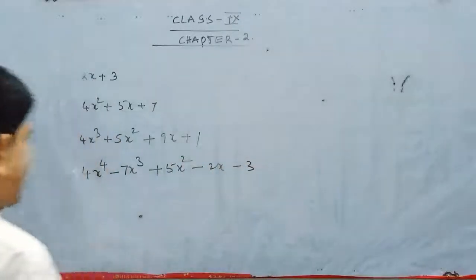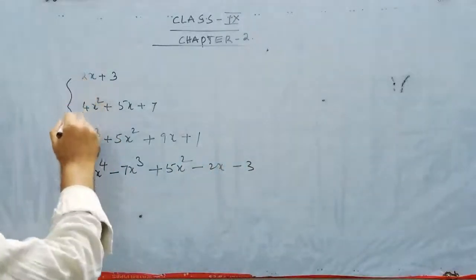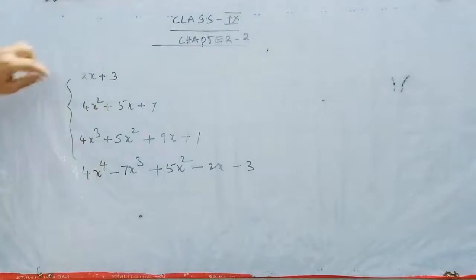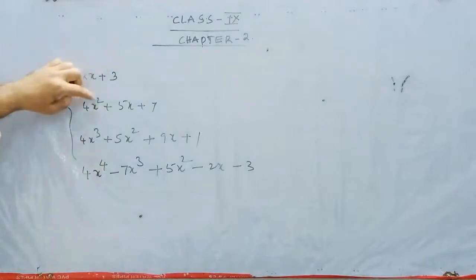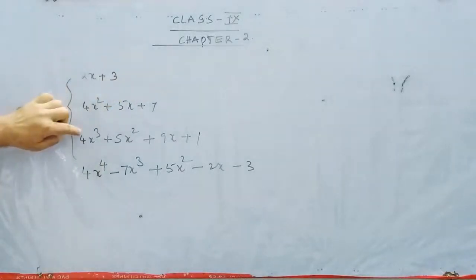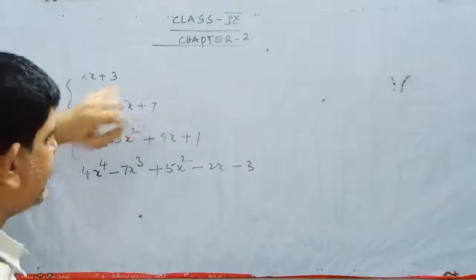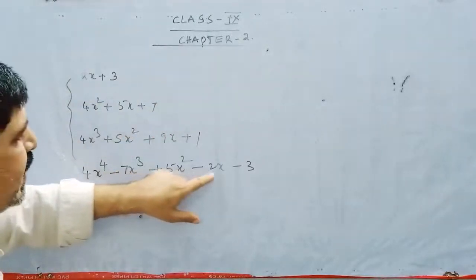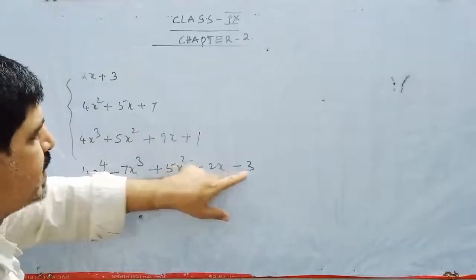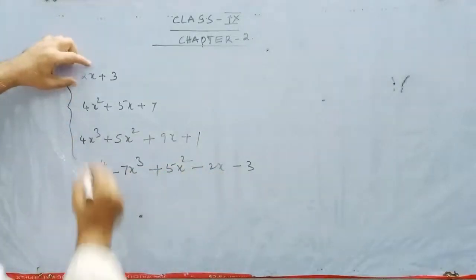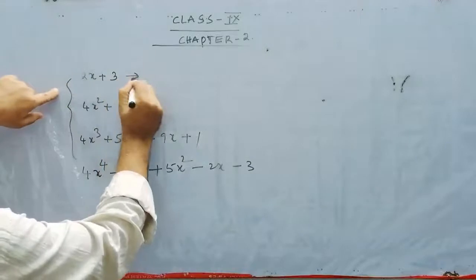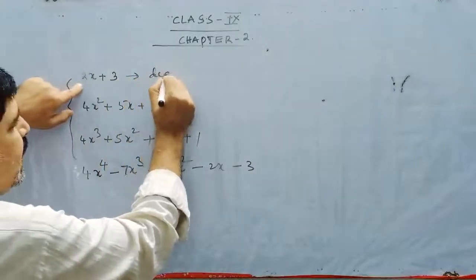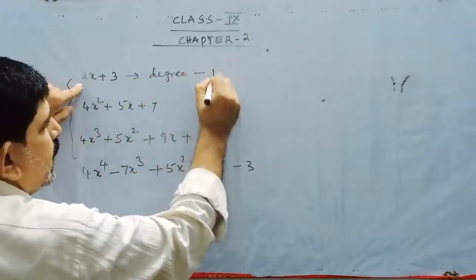See the difference one by one. What is the degree of the first polynomial? Degree 1.